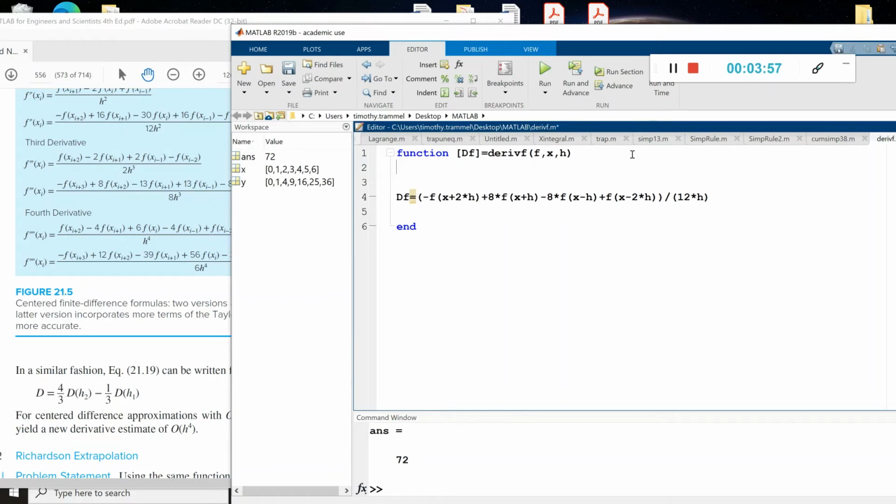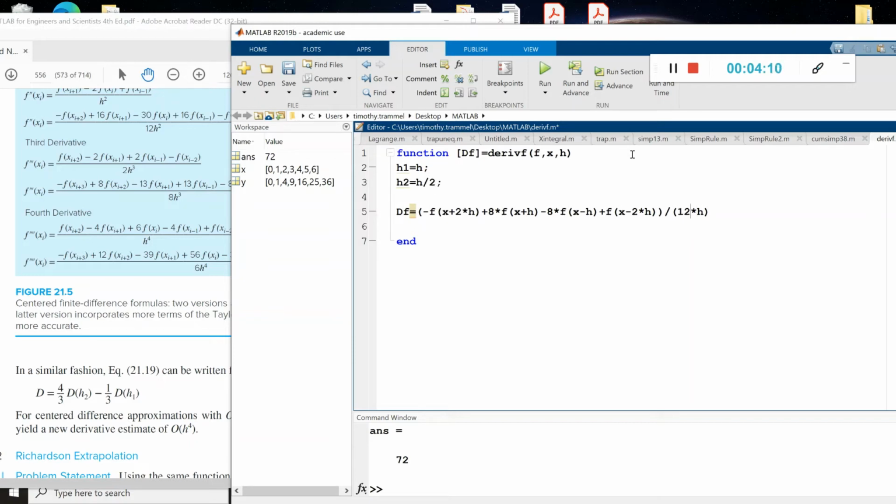So instead, h1 is equal to h, and h2 is equal to h divided by 2. And then this can be df1, and this is going to be all based on h1, the spacing of h1. And then we can do the same thing for h2. So I'll just change this to df2 and change all these h1s to h2s.